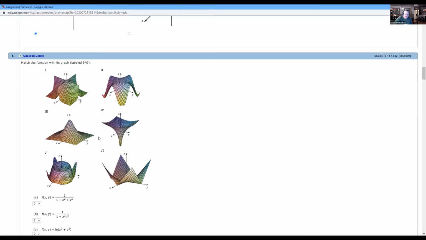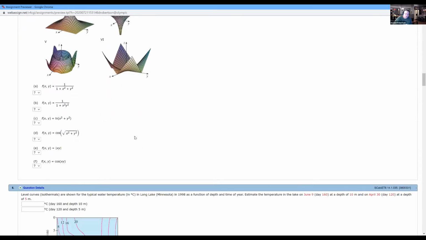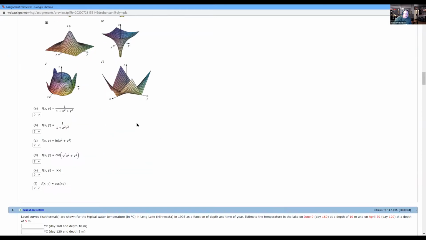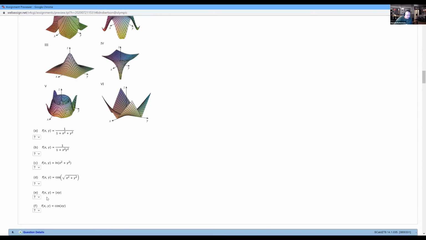And this one here is a cool question, but you're really going to have to get good practice at GeoGebra. I'm sure I have put a link somewhere in Canvas, once it works for you, to go to either Desmos or GeoGebra, and you plug the function in and you look at it and see which of these shapes it is. I could try one at random. Okay, see this one, E, f of xy is the absolute value of xy.